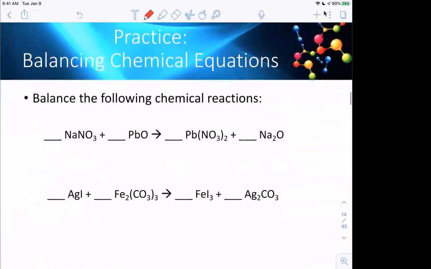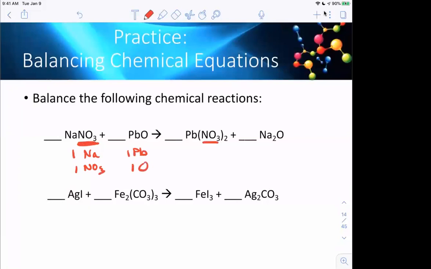Here's another one. Now, here's another trick. This is the nitrate ion. If my polyatomic ions are not broken apart, I can balance them as a separate unit. So here I have a sodium, I have one nitrate, I have one lead, I have one oxygen.